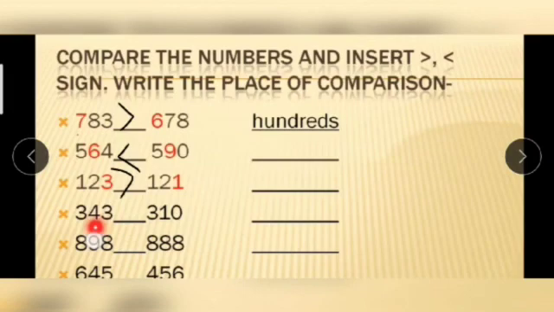Now we have to see the number on the tens place. Why are we seeing the number on the tens place? Because the numbers on the 100 place are the same. Here 4 is on the tens place, here 1 is on the tens place. 4 is greater than 1. That's why 343 is greater than 310.